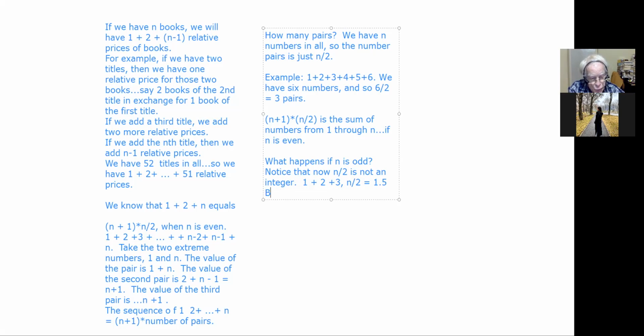But that cannot express the number of pairs. That number must be an integer. So what do we do? How can we find the sum of numbers from 1 to n if n is odd?